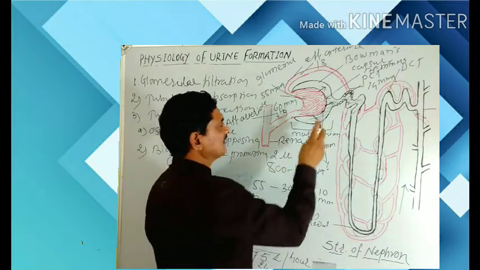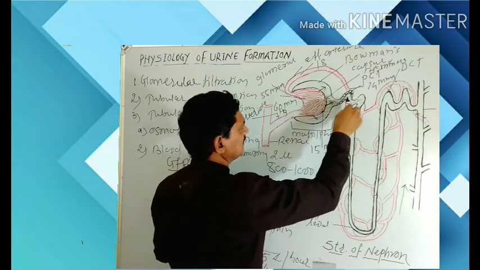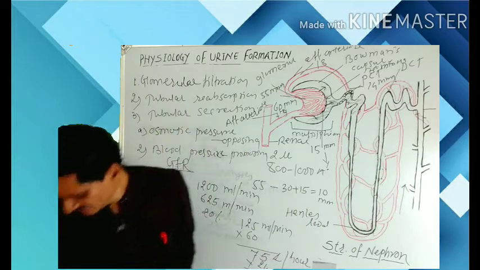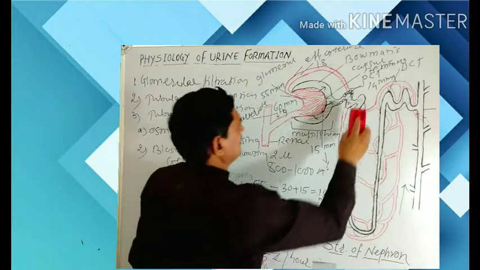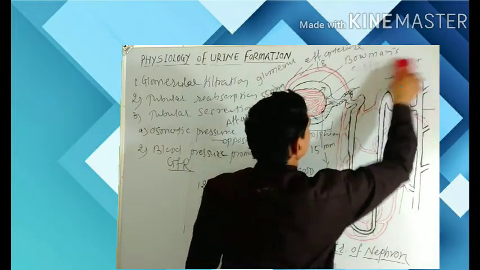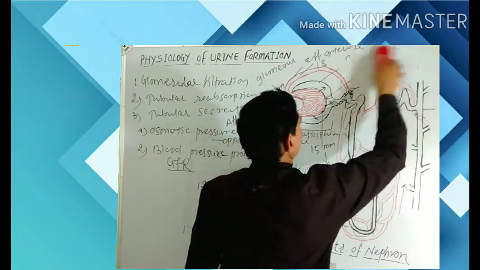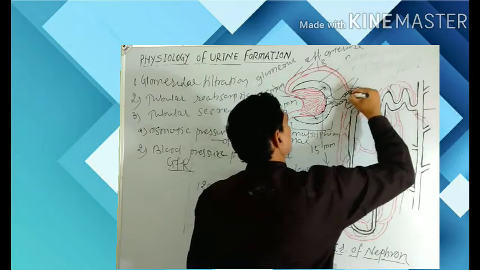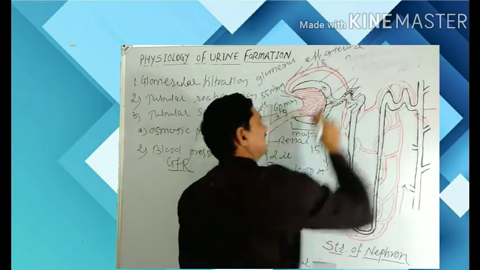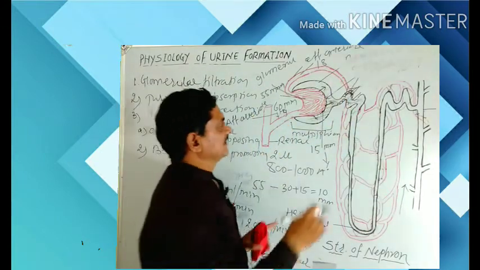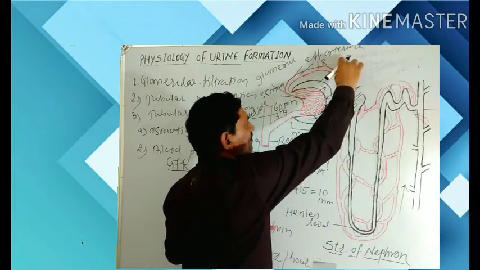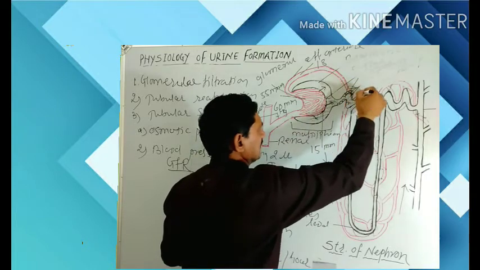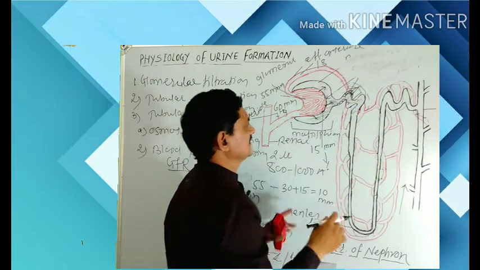As the filtrate passes through this region, most of the useful substances, the glucose, amino acids, water, sodium, all these are reabsorbed and enter into the peritubular capillaries, the capillaries which are present in this region.